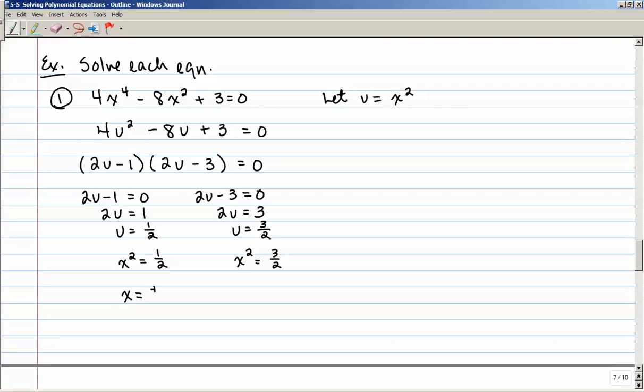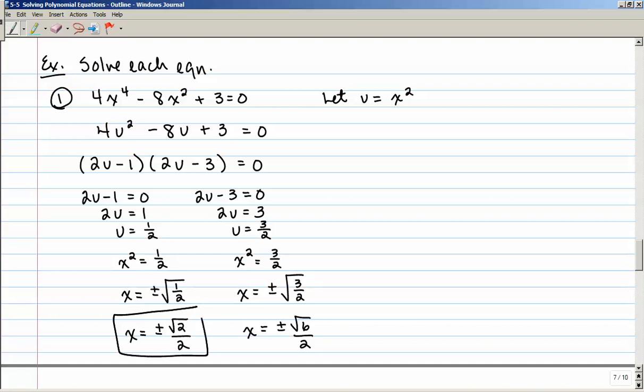So x is equal to the positive or negative square root of 1/2. x is equal to the positive or negative square root of 3/2. And then cleaning up those radicals, x is equal to plus or minus square root of 2 over 2, and x is equal to plus or minus the square root of 6 over 2.